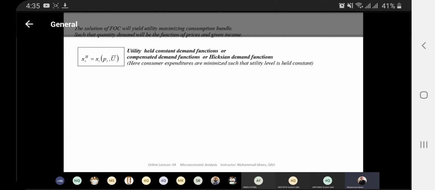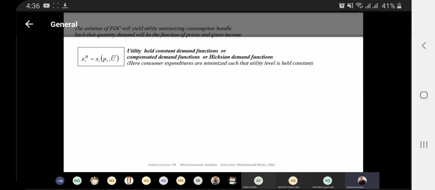We will get something like this, that x will be a function of prices and the given level of utility. Just recall the Marshallian demand functions. They were also functions of prices, but along with prices, they were functions of given income M. So these are functions of a given level of utility.